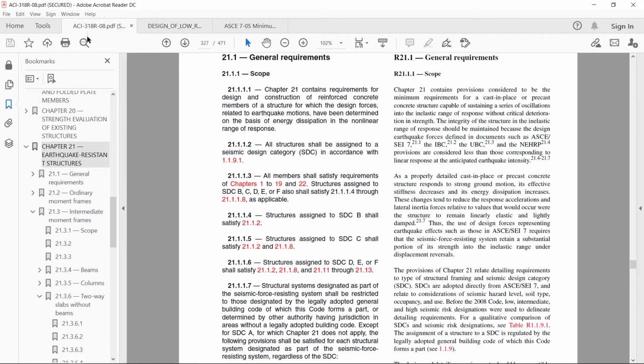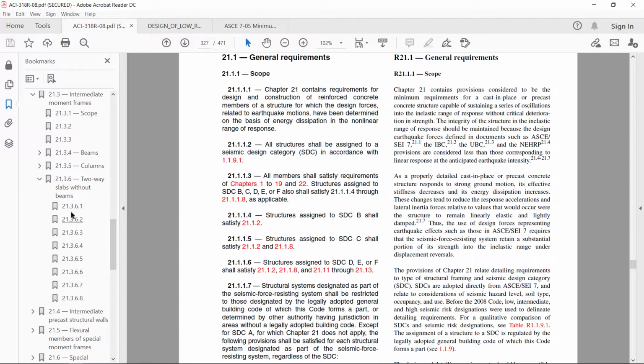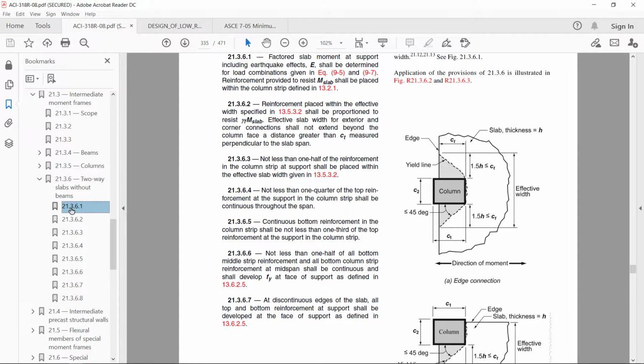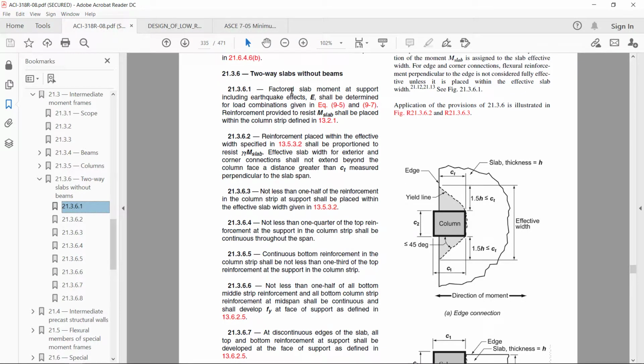We will go to ACI 318, 21.3.6.1. Here is the related portion. 21.3.6 says two-way slabs without beam. So that means if we are designing a two-way slab without beams, then we have to follow these conditions or these parameters.